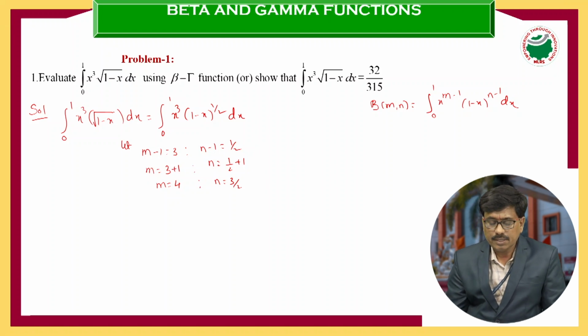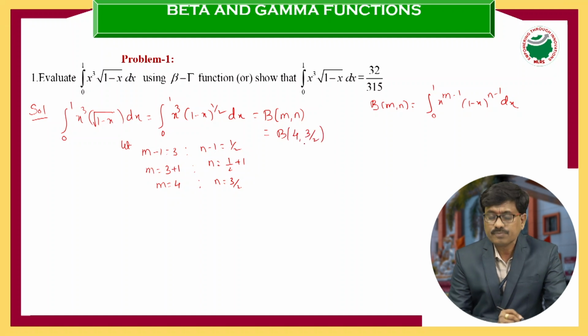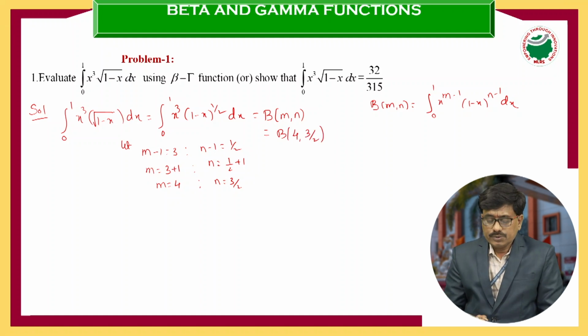Now I need to convert this into m comma n. I can rewrite this as nothing but beta of 4 comma 3 by 2.